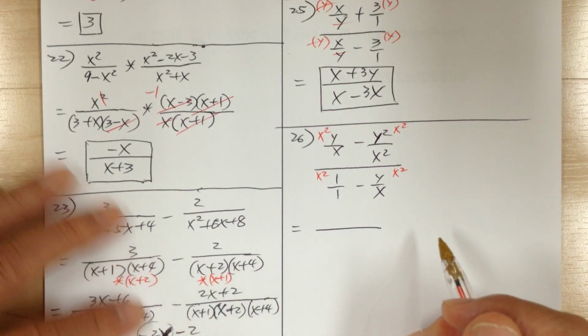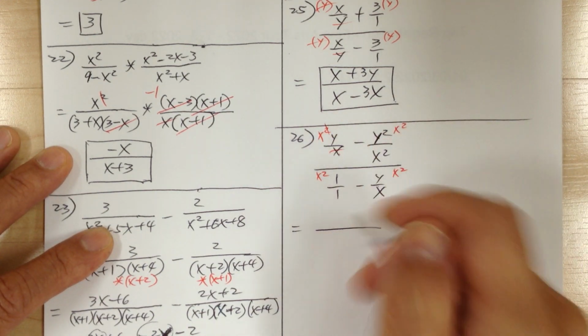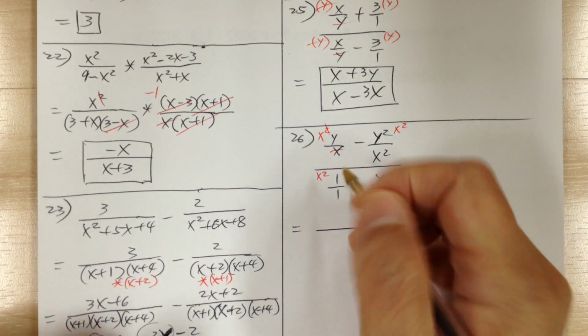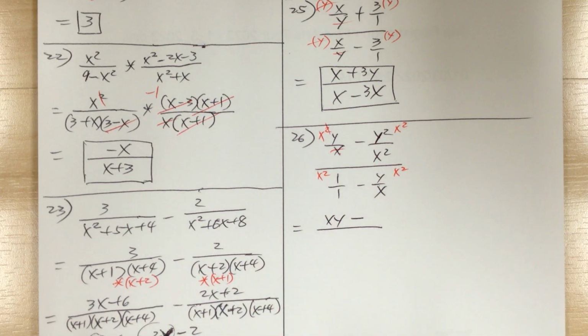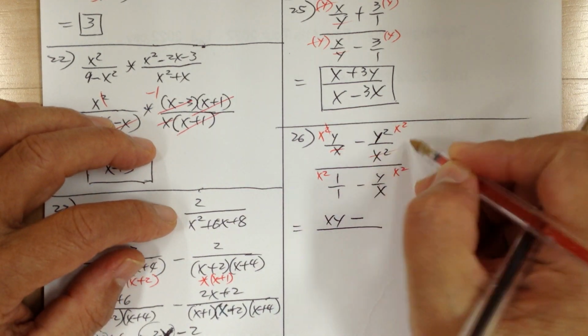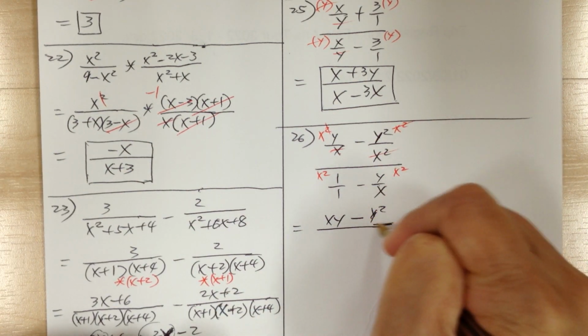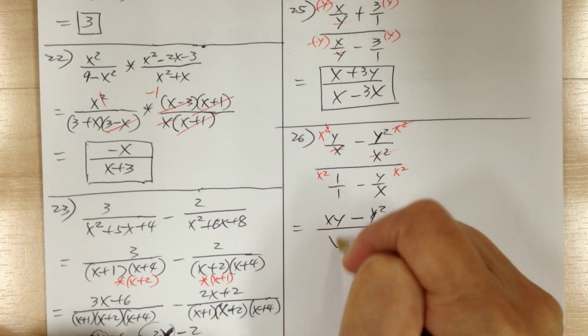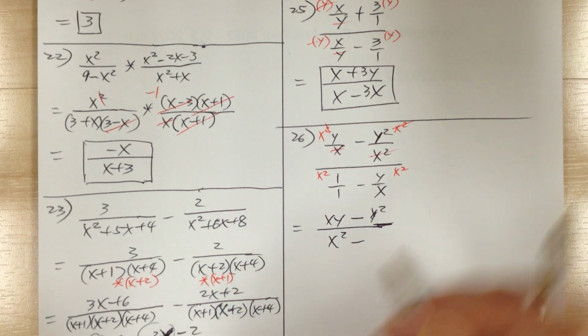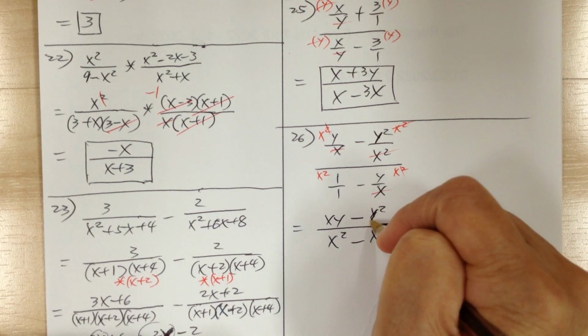That's going to cancel things out. The x cancels with the x squared, so you end up with xy. Again, you go from a complex fraction to a simple fraction. Over here the x squared cancels out, so you're going to get y squared. Over here, this one does not cancel. This one, the x cancels, so you're going to get xy.